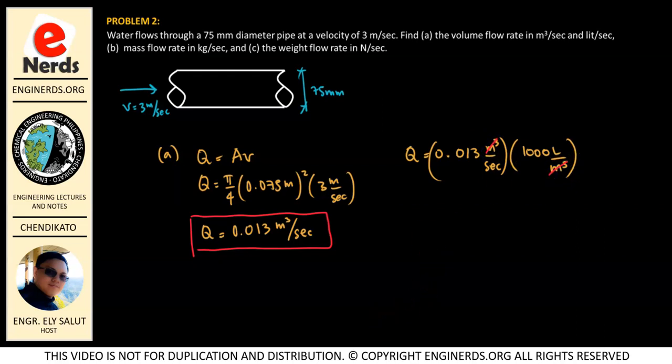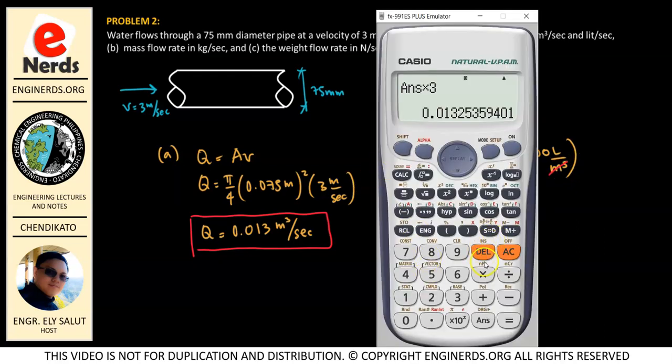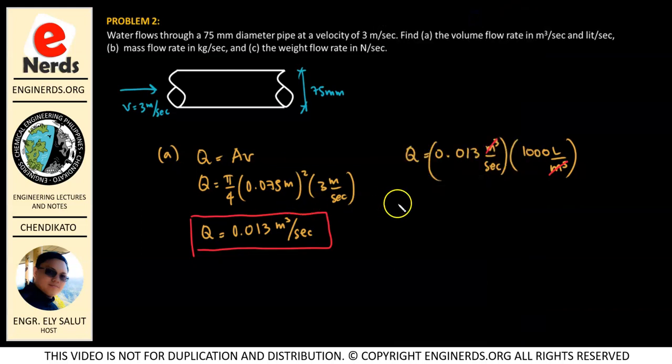We are going to multiply our answer by 1000, so our answer will be 13.25 liters per second. So we have our Q equal to 13.25 liters per second. So we got our second answer here.